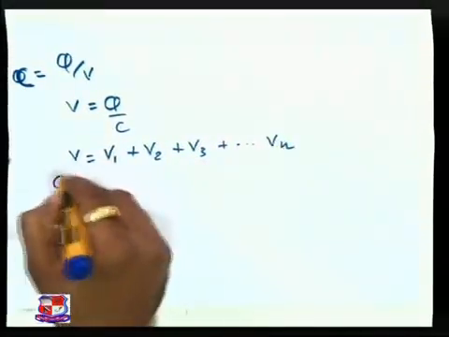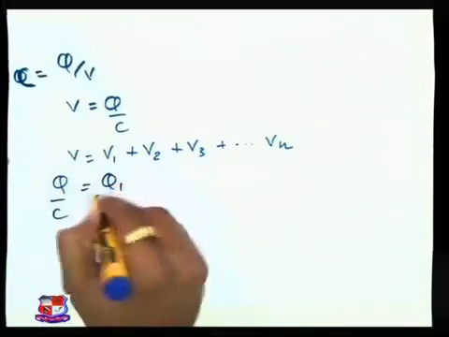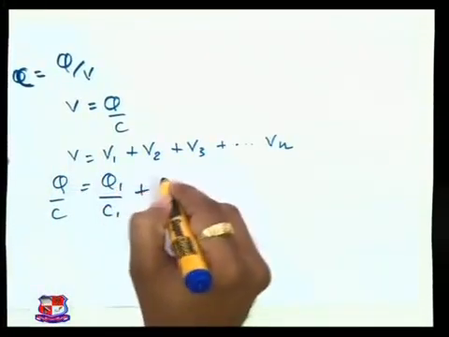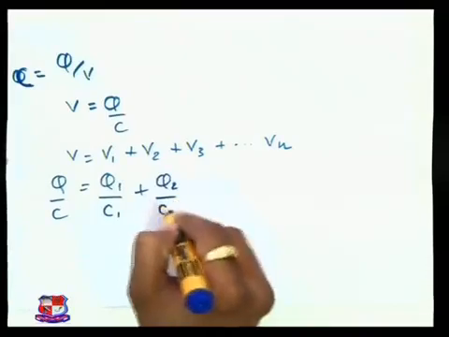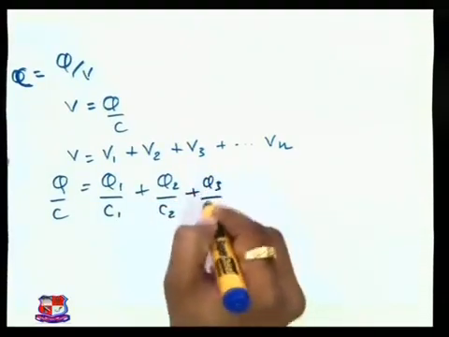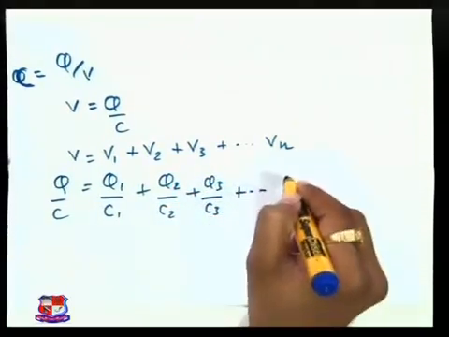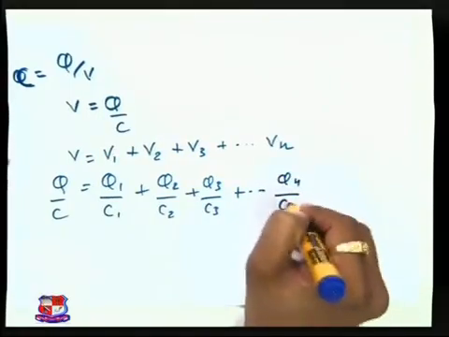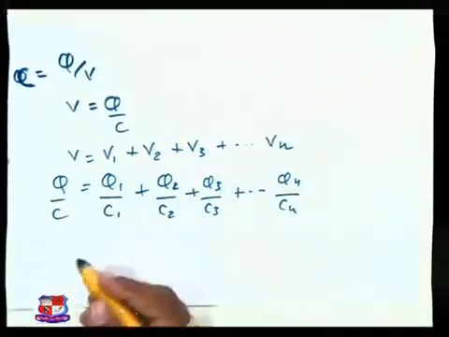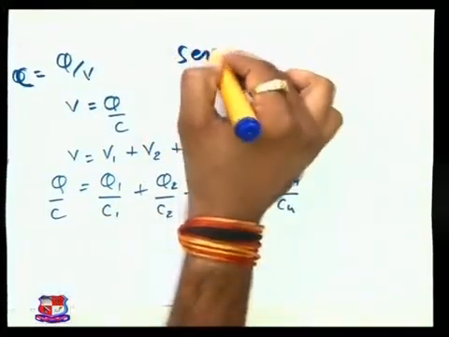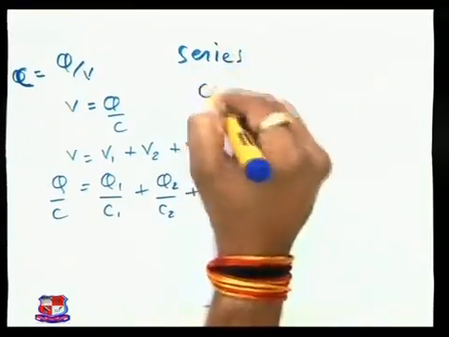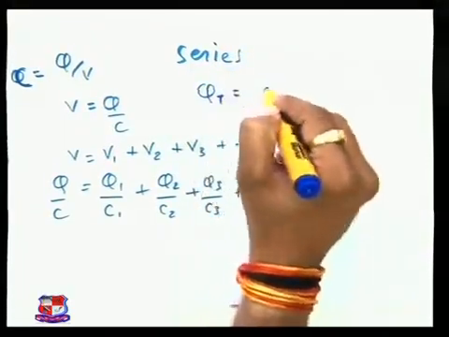So V equals Q by C, V1 equals Q1 by C1, V2 equals Q2 by C2, V3 equals Q3 by C3, and up to Vn equals Qn by Cn. But as we all know, in a series circuit, all the Q is the same.